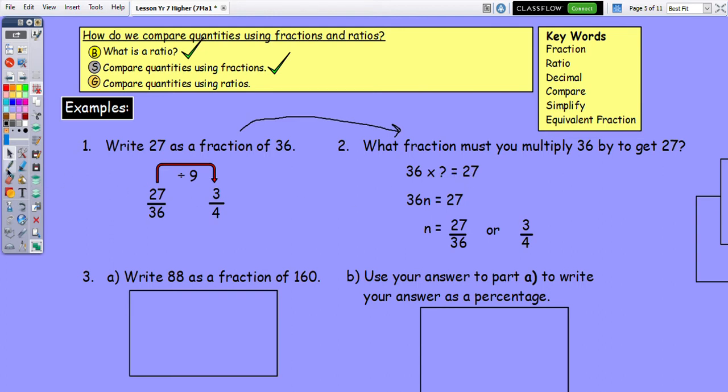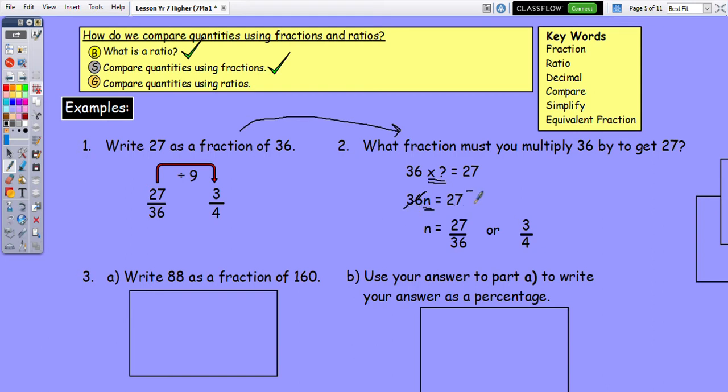Now think back to when we did algebra. I've replaced the multiply by something with n. It means the same thing: 36 multiplied by a number equals 27. Thinking back to when we did algebra, to find n, we do the inverse operation.